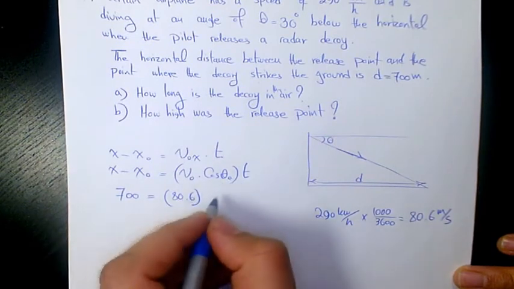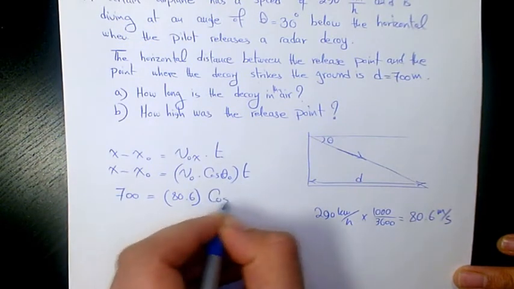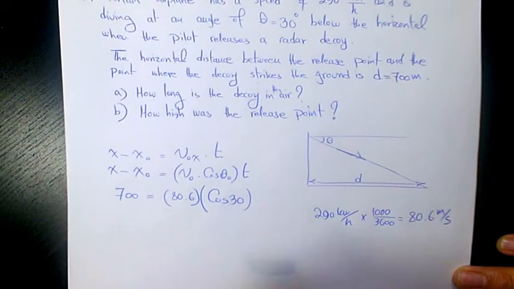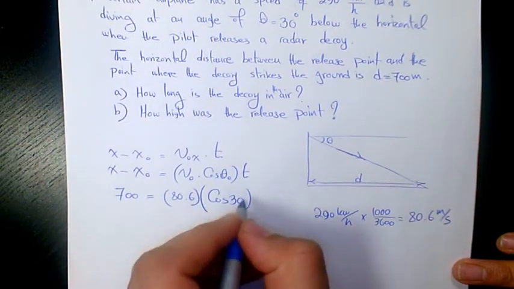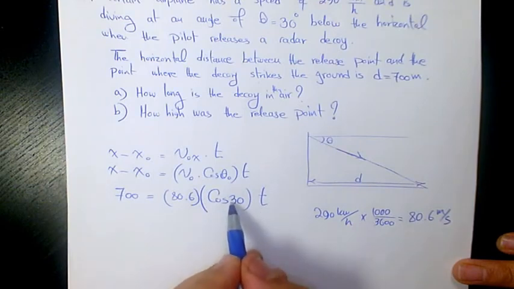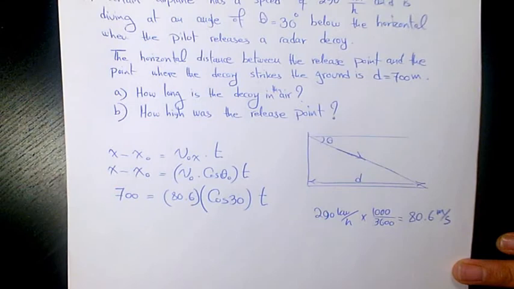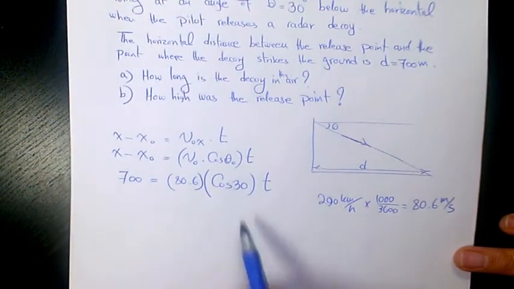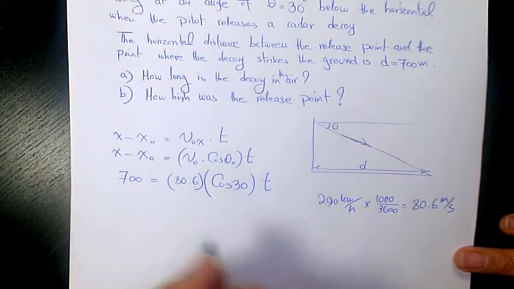So we substitute 80.6. Cosine theta is cosine 30 times t. This is basically cosine negative 30, but it's the same, because cosine 30 and cosine negative 30 give us the same answer.